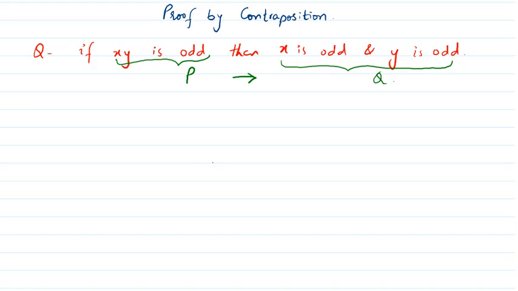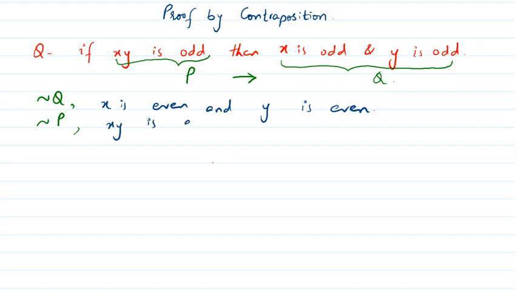So the negation of Q, right? Let me write here the negation of Q. What is that going to be? The negation statement is definitely going to be x is even and y is even. And what will be the negation of P? This is definitely going to be xy is even.